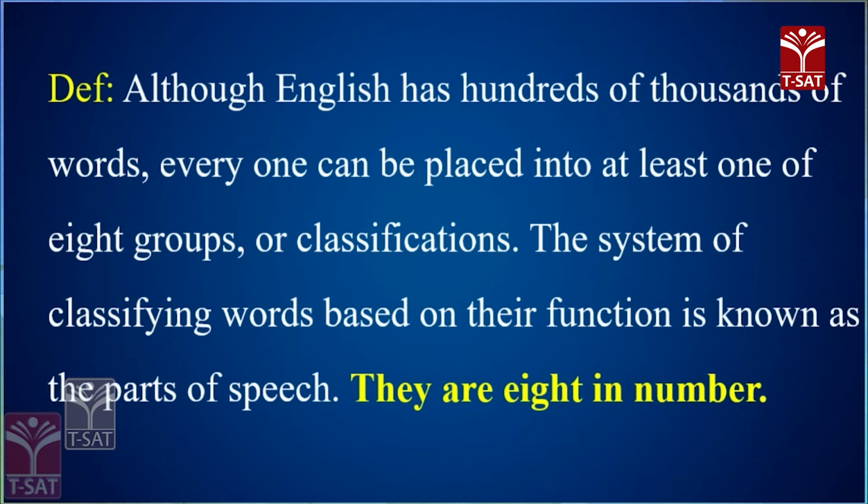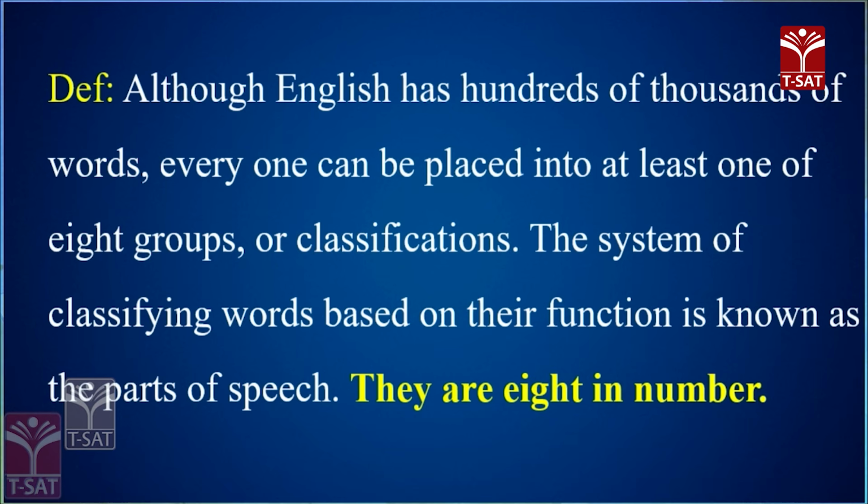As you can see in the slide, the definition of the parts of speech: although English has hundreds of thousands of words, every word can be placed into at least one of 8 groups or classifications. The system of classifying words based on their function in a given sentence is known as parts of speech.